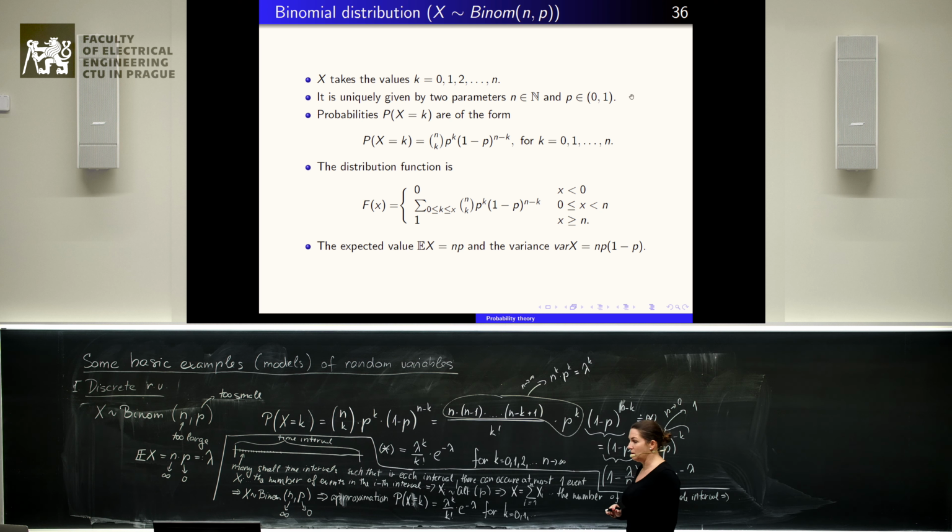And this approximation is called Poisson distribution.